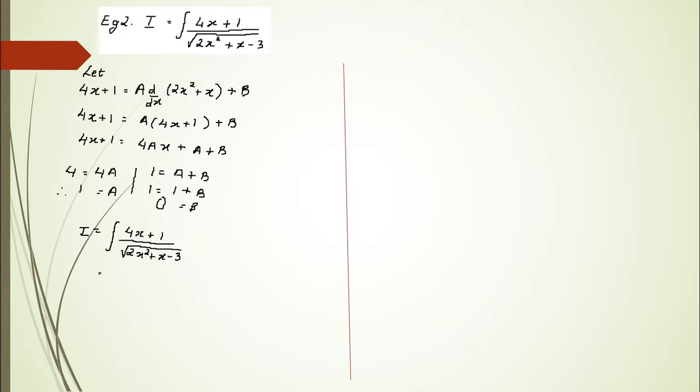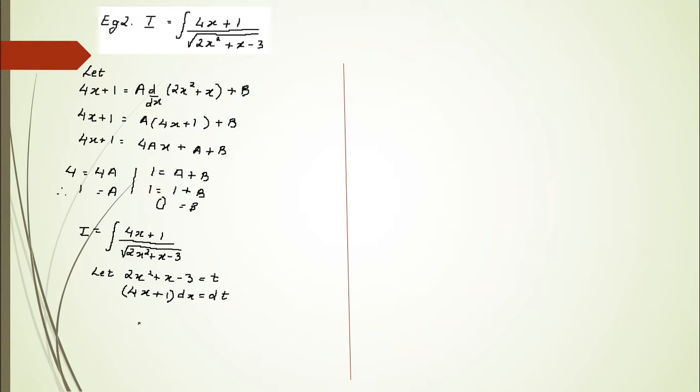So we can write, let 2x square plus x minus 3 is equal to t. Therefore 4x plus 1 into dx is equal to dt.